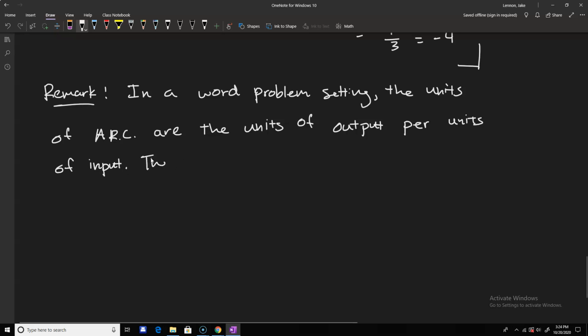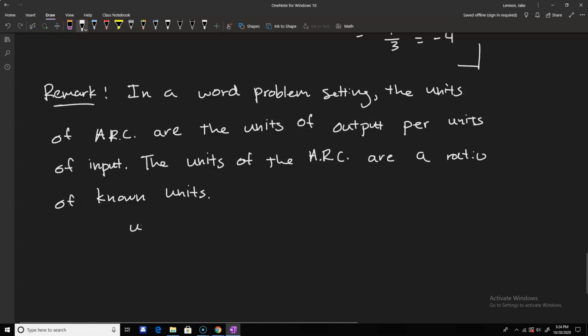So the units of the ARC are a ratio of known units, right? Units of ARC are units of output over the units of input. So that's an important thing to keep in mind when you're trying to interpret such a thing.